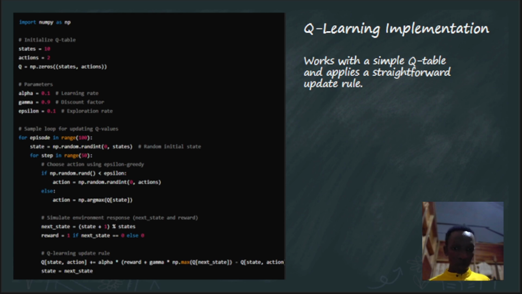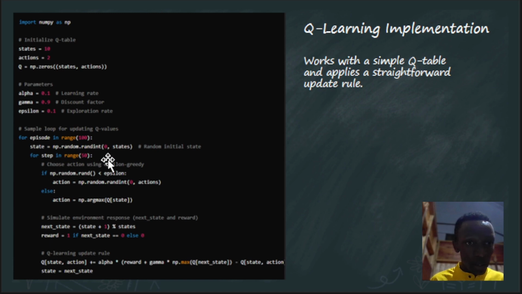Then we go forward to the loop, which will implement the iterations for the Q values. Let's start with for episode in range 100.